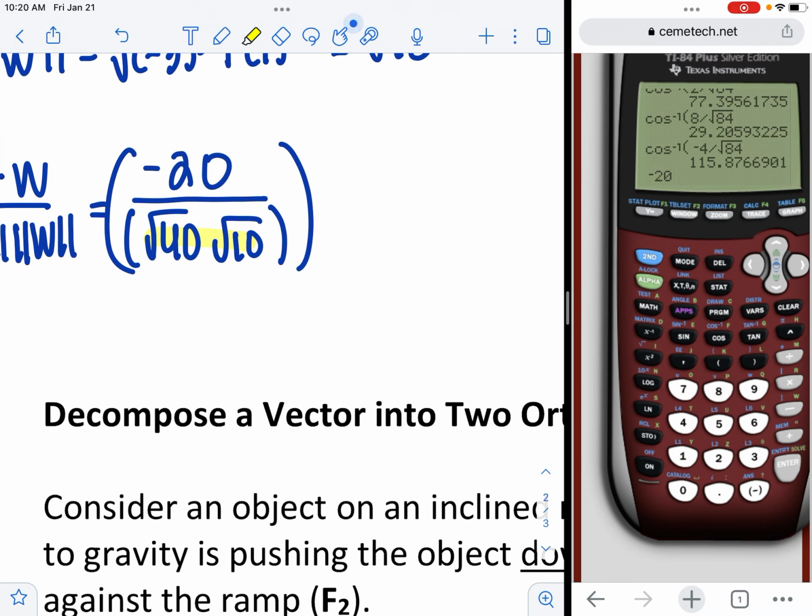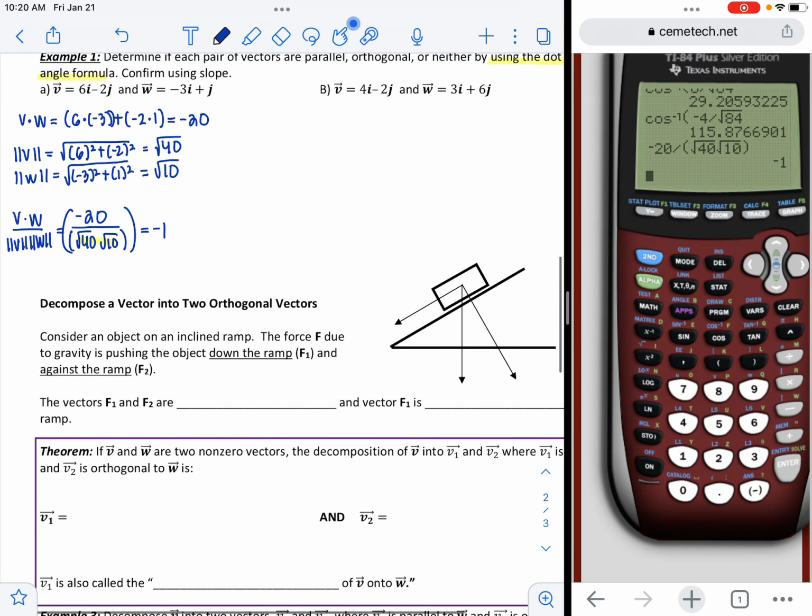But just in case you need a calculator, negative 20 divided by root 40, get out of the square root, root 10, get out of the square root, close the parentheses, hit enter, negative 1, like I said. All right, so since that is negative 1, I know that these are parallel.